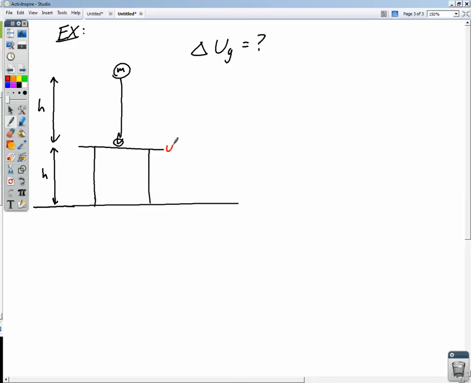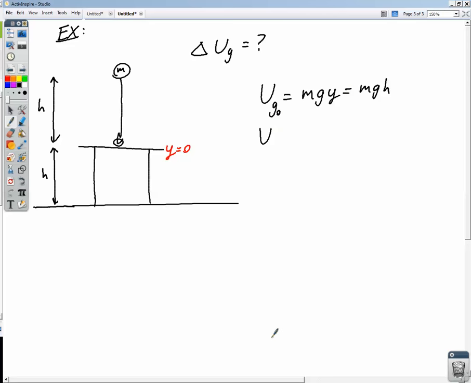Let's do the problem first where the tabletop is y=0, which is the most logical choice for what the reference level should be. So then the gravitational potential energy is equal to mgy, where y is the height above the reference level. This is the initial gravitational potential, which would be mgh.